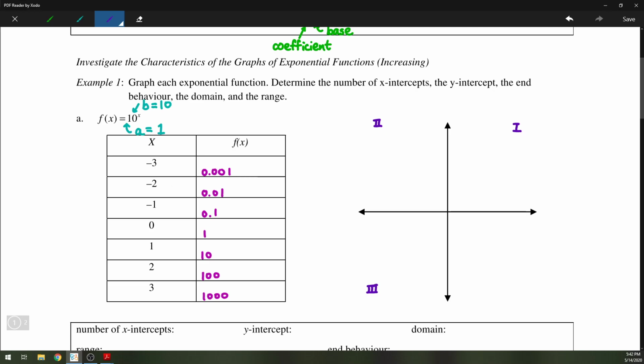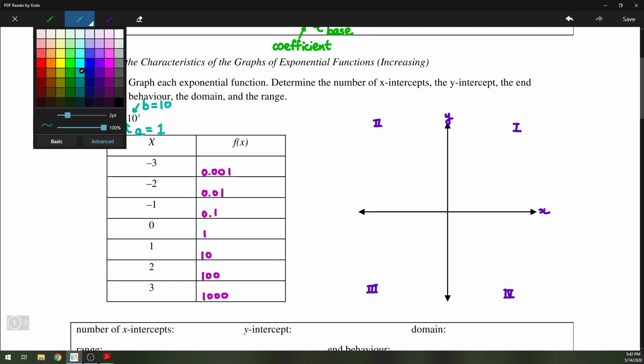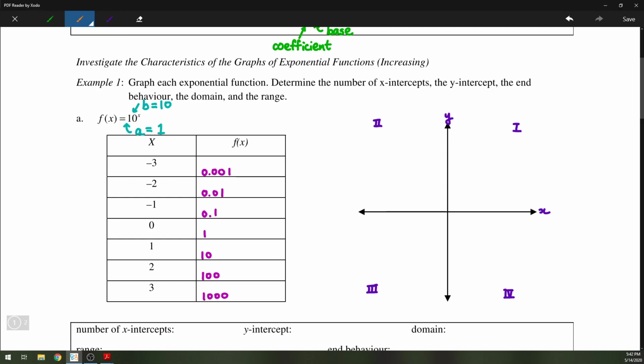Okay, 3 and 4. Okay, so because the axes are not labeled with a scale, you just use whatever we need here. So in this case, the y-intercept is going to be 1 because of the 0.01 right here.